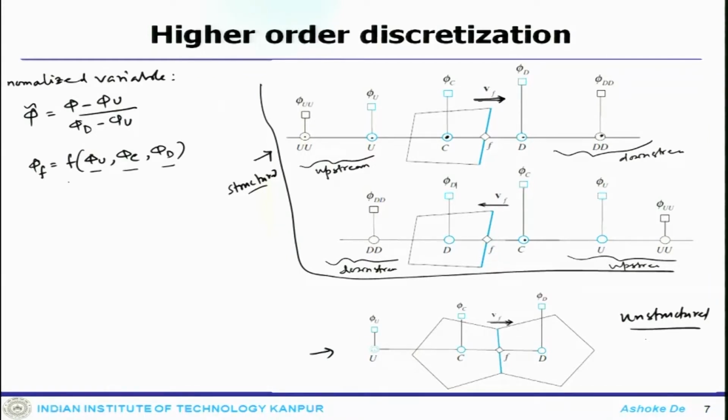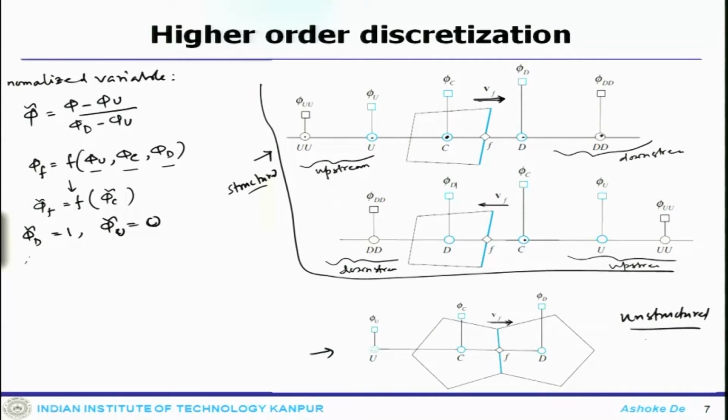So, this can be transformed to phi f equals f of phi c tilde, with the normalized value of phi d tilde equal to 1 and phi u tilde equal to 0, and the normalized value of phi c tilde becomes an indicator of smoothness.